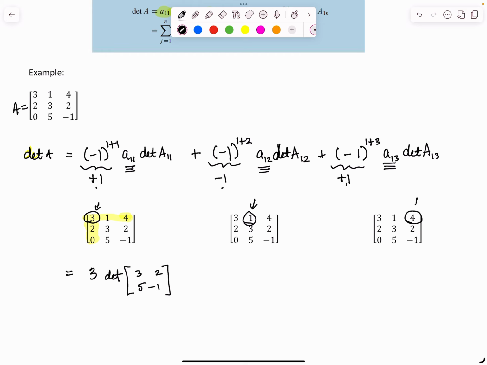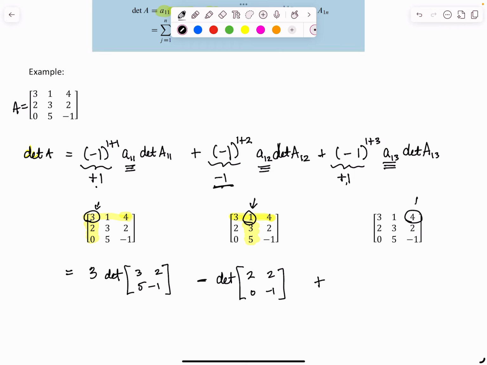And then you're going to have a minus because of this minus, and it'll be the determinant of the submatrix if you delete row 1, column 2. The submatrix you get is 2, 2, 0, minus 1. And then now you're going to get plus.